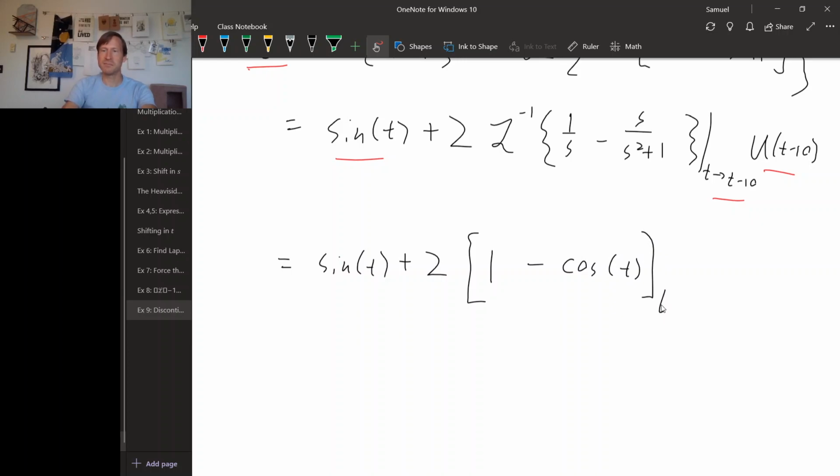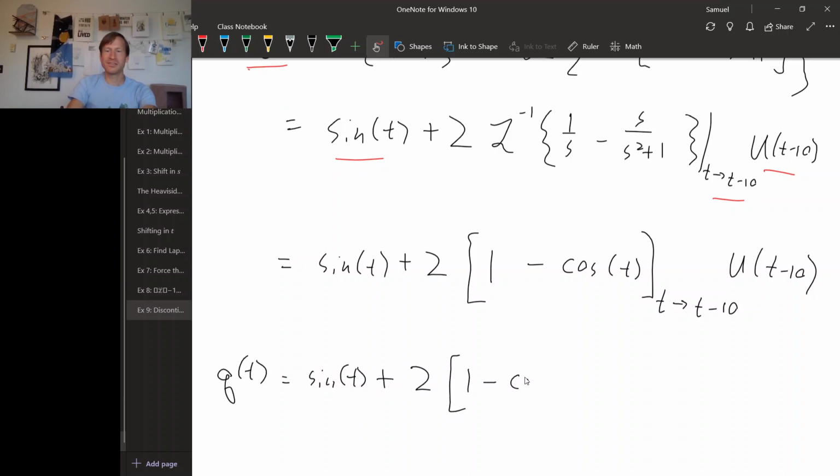Okay, and then we have to remember to do our shift, replace t with t minus 10, and our step u of t minus 10. Okay, so finally, our charge function is sine of t plus 2 times 1 minus cosine of, and here we do our replacement for t, cosine of t minus 10, times u of t minus 10.